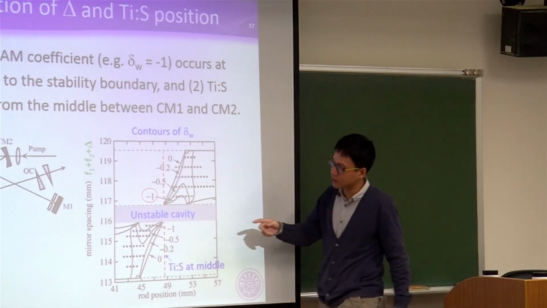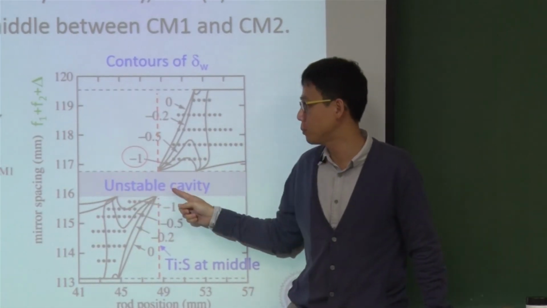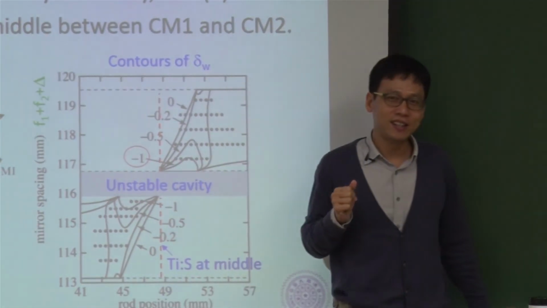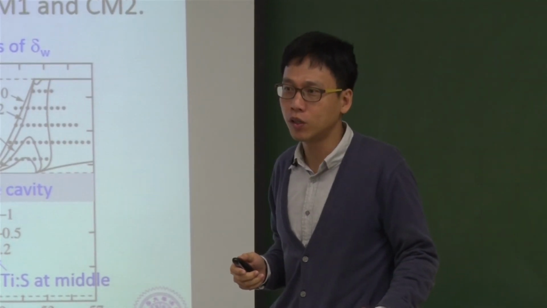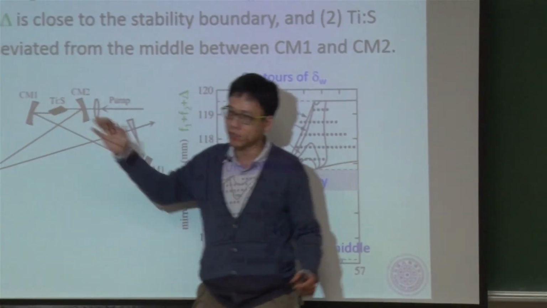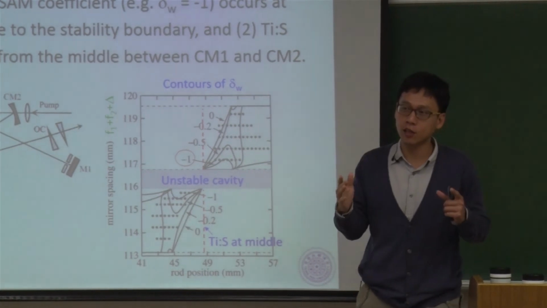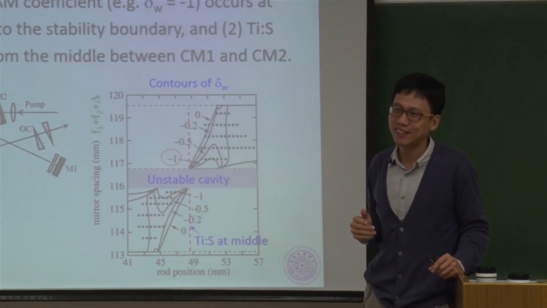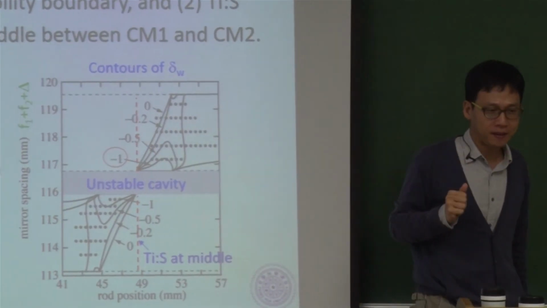And either case, they are close to this forbidden region, unstable cavities here. So it's inconsistent with what we predict before. The mirror spacing between CM1 and CM2 has to be very close to the unstable boundary. Okay? According to this simulation, it's justified.